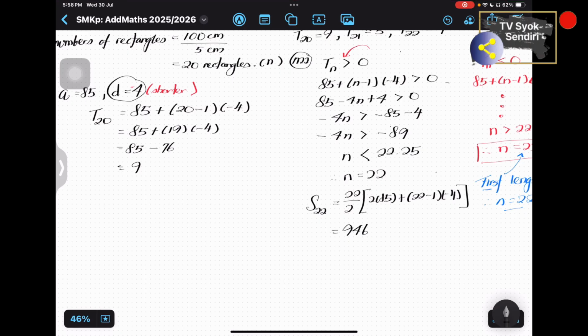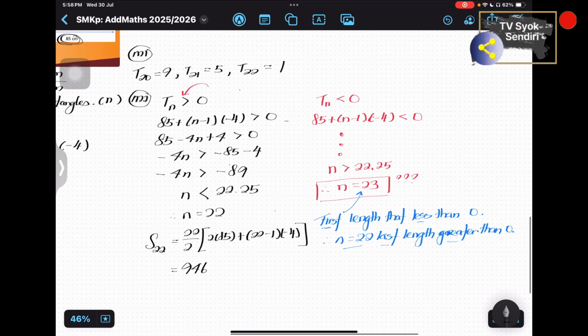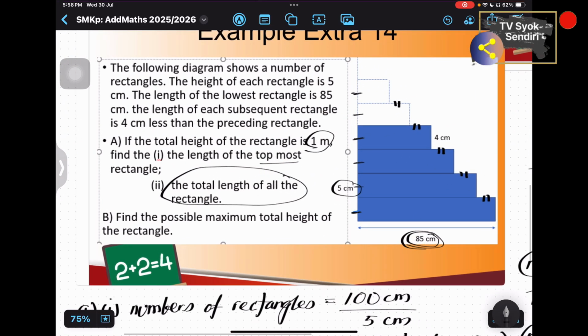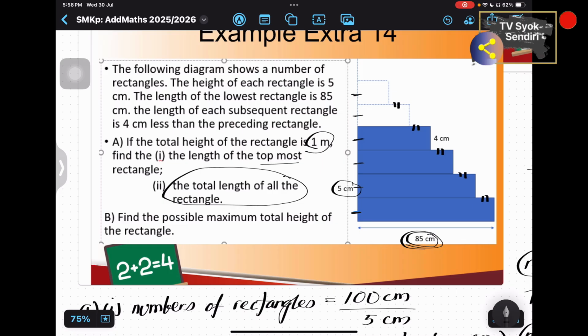Now, if some of you managed to read the question along with my calculations, that is to determine that n is equal to 22, I believe that along the journey you already started to get puzzled. Why did I suddenly mention that you are going to be puzzled? Because now let's read the question. I'm finding the total length of the rectangles, and I already found the maximum, that is n equal to 22.